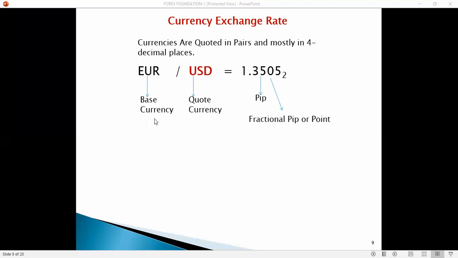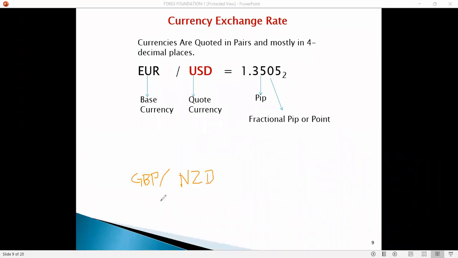So the one at the left hand side is known as the base currency, while the one at the right hand side, which is USD, is known as the quote currency. All right. Now we have all other pairs. We have GBP versus NZD, for example.